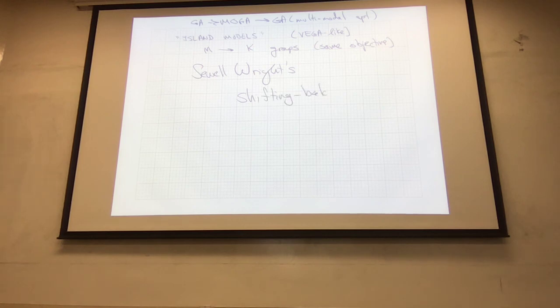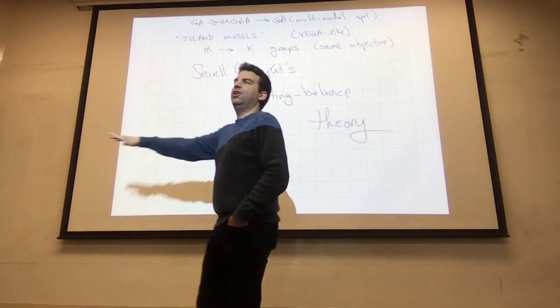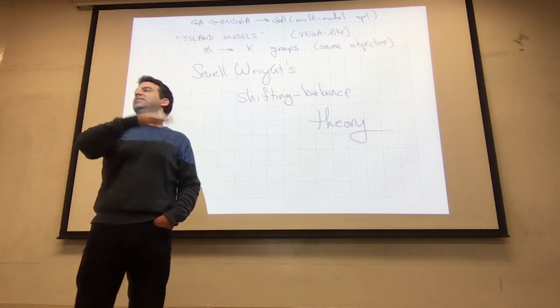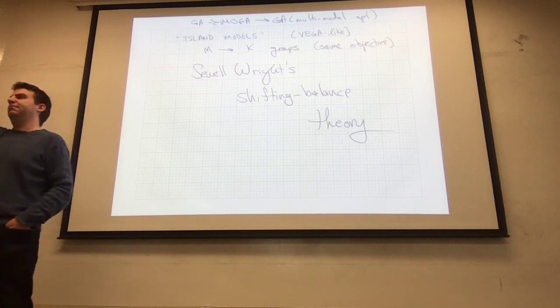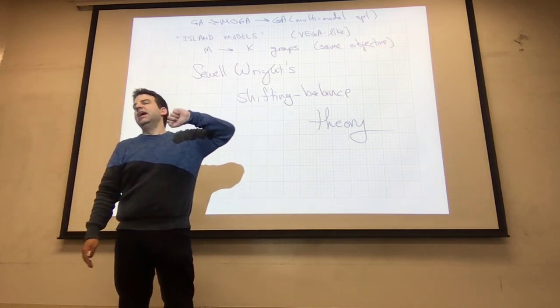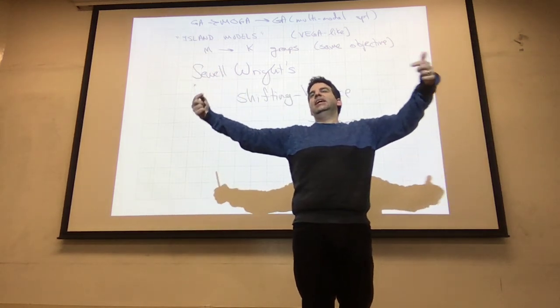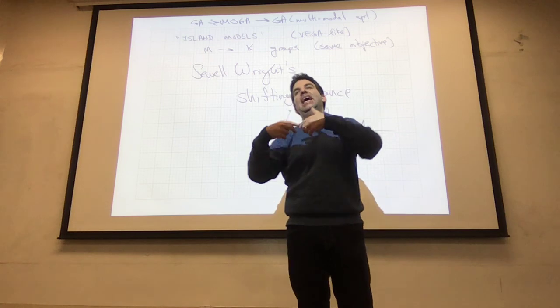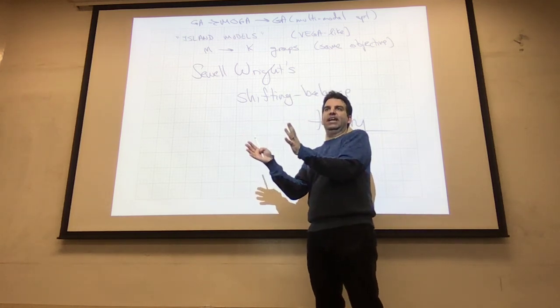He was interested in the idea that there could be adaptive valleys that you could never get through because you pay such a fitness cost to move from one peak to another that you would never climb between them. He came up with shifting balance theory: what if you could isolate individuals in small populations and occasionally migrate between them? In theory, you could then end up crossing these adaptive landscapes.